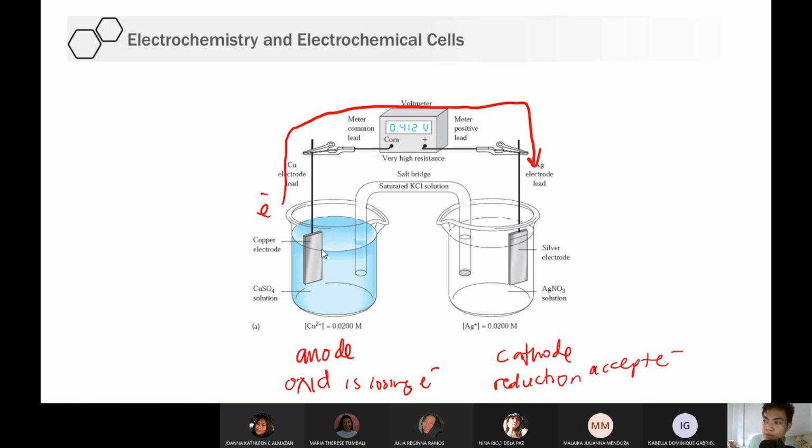And as the electron passes from here to there, may voltage tayo. Yun yung reason ba't gumagana yung batteries natin. So, in our cell phone devices, yung ating battery doon, may anode and cathode din. Usually, the anode is on the left side of the battery and the cathode is on the right side as well.